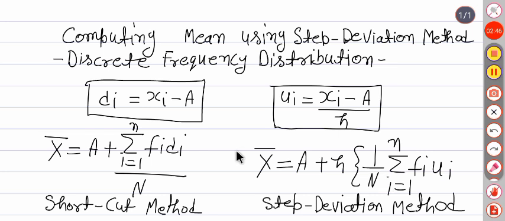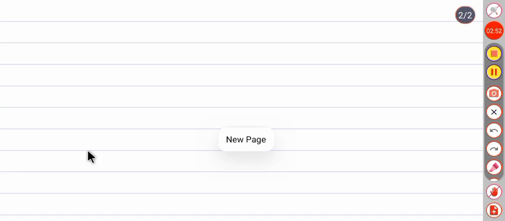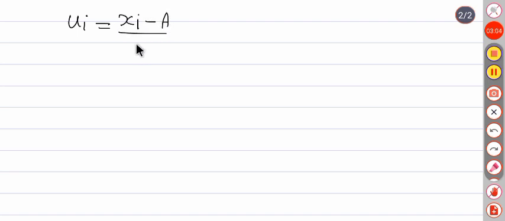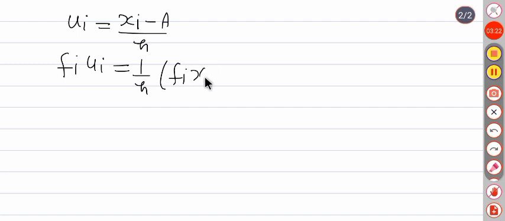Now let us derive this formula. The earlier one I have already derived, so I am taking another page and starting from here. ui is equal to xi minus a, you are subtracting and dividing by h. Now just multiply by the frequencies. So fi ui is equal to 1 upon h, taken outside, times fi xi minus fi a.